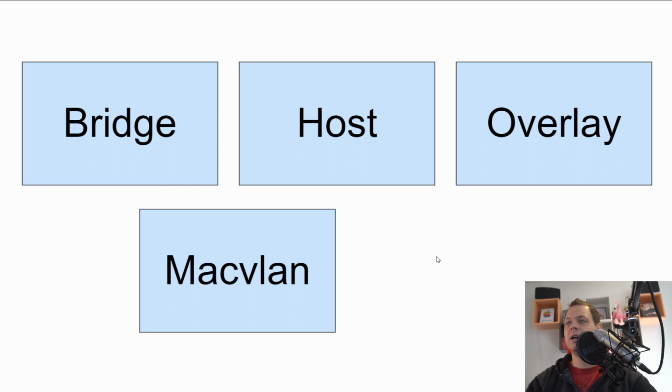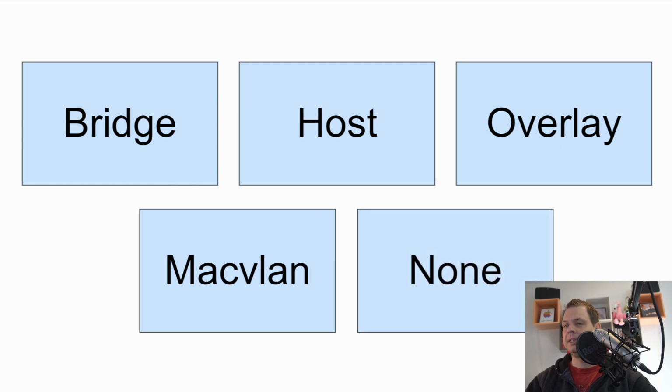Then we are coming to the last network type, the network driver called none. Like it says, none means that when you use the network driver none, it will disconnect every kind of networking in and out for this container. And remember, none is not allowed if you use Swarm mode for Docker.